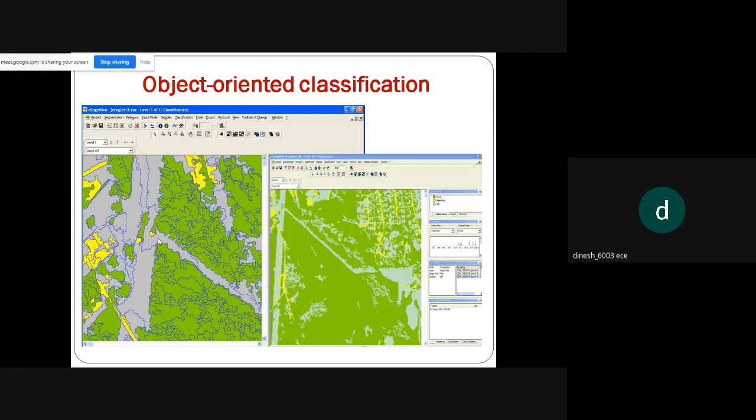You can see the same picture which has been classified as forest, field, and remaining.